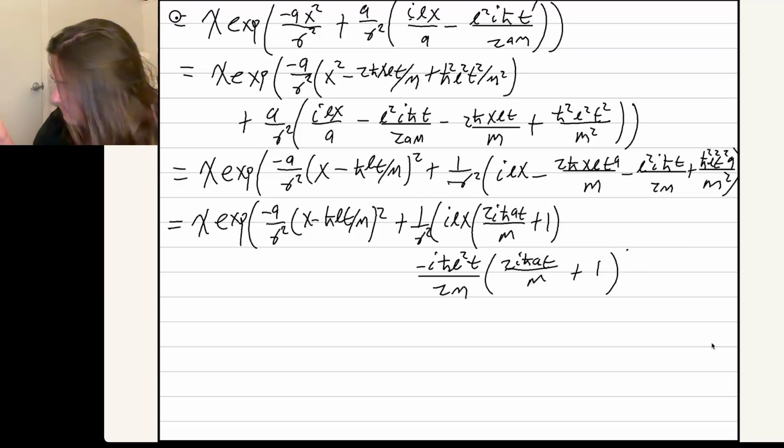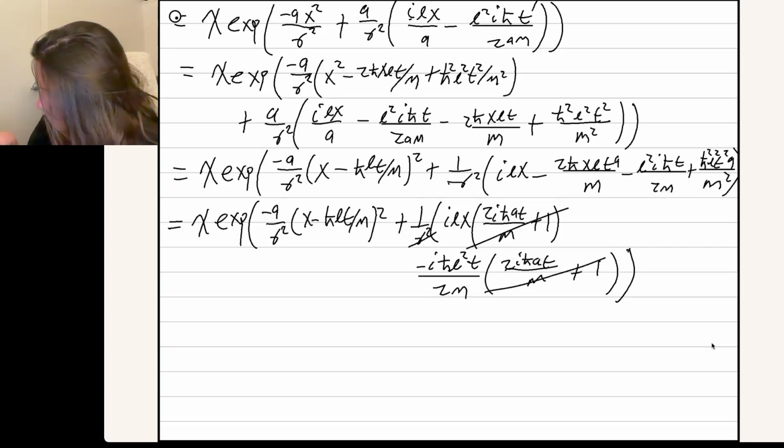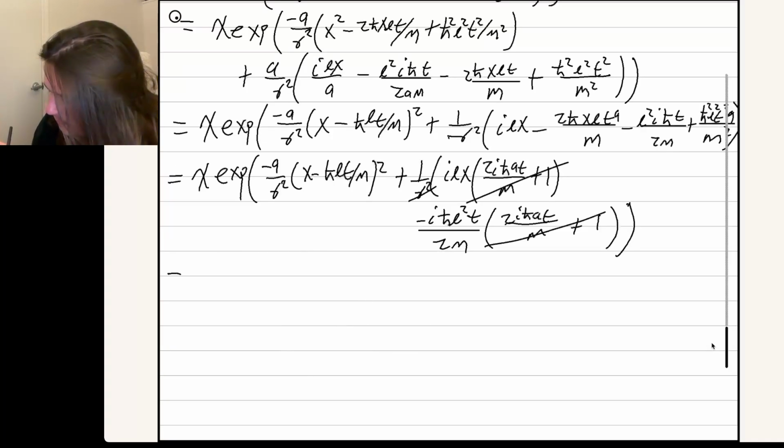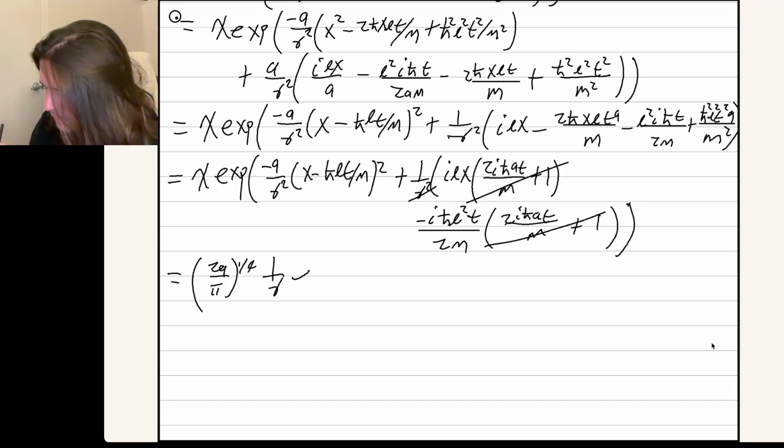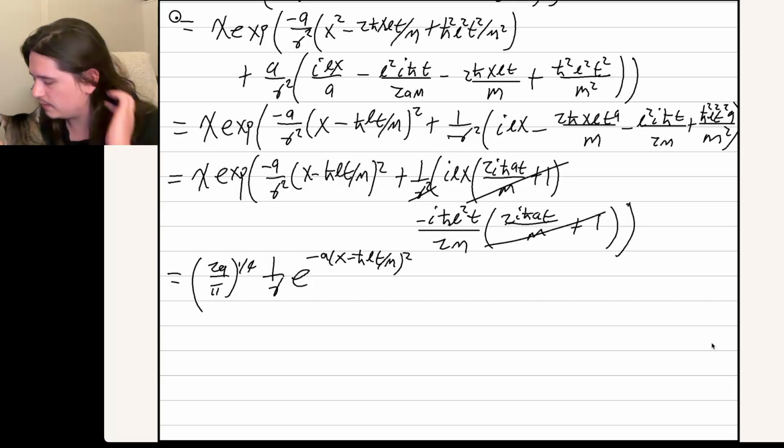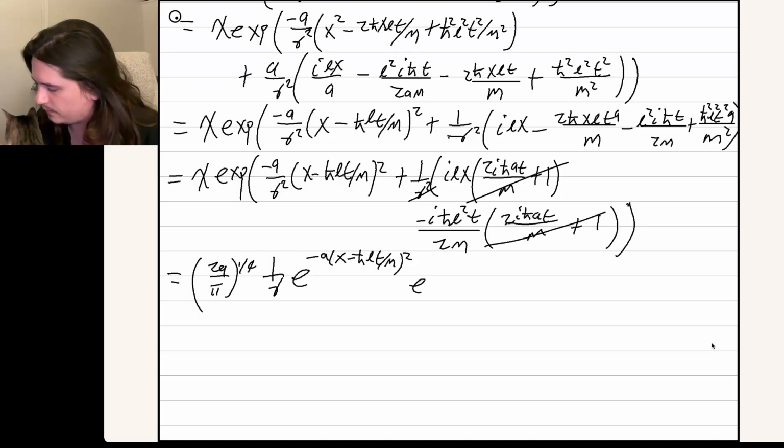that looks good now. So this is gamma squared, so it's going to cancel out this gamma squared and also that one. So I'll write out what chi was. It was 2a over pi to the 1/4 times 1 over gamma. This is e to the minus a times x minus h bar L t over m all squared, times e to the iL.